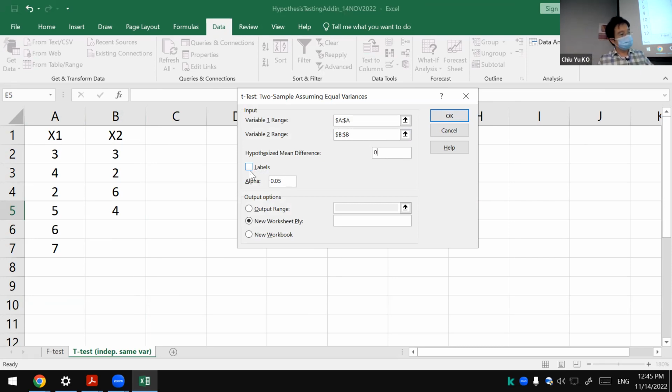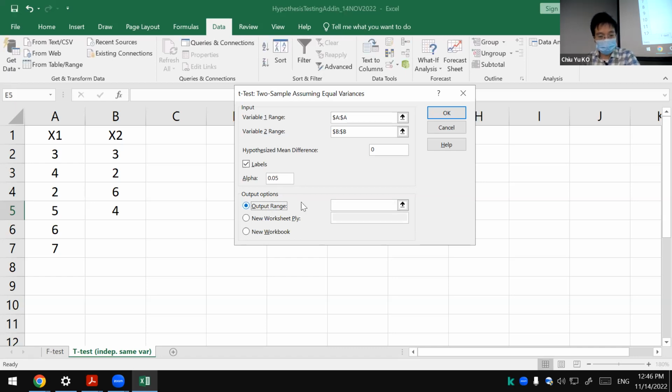The labels box is checked because the first row has labels. Alpha is 95% confidence, because it gives the critical values. And you type in the output range.